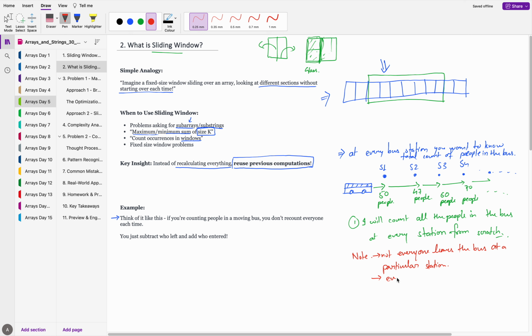Instead, what happens is at every station, X number of people leave and Y number of people onboard. Yes or no? This usually keeps happening.